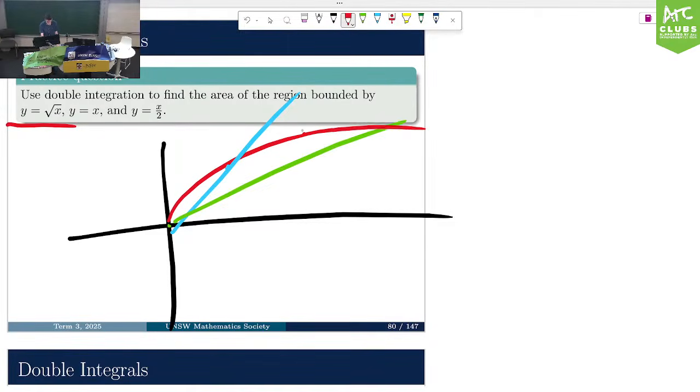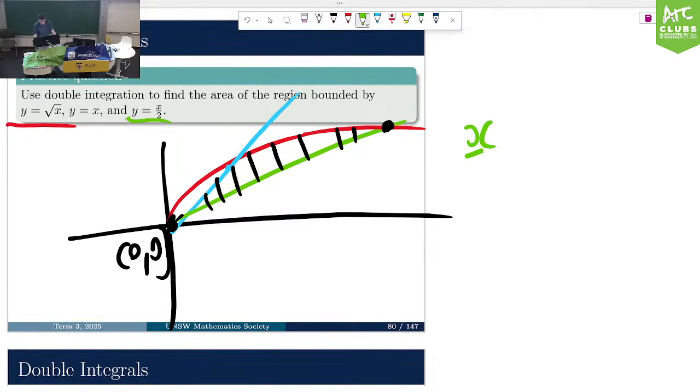Okay, so if we extend this, since it wants the area bounded by those three, we have to look at the area that has these three colors as the different sides, so that would be this. First thing we want to do, obviously the interception point, one of them would be 0, 0. The second interception point we see is from green and red. Which one did I make green? This one.